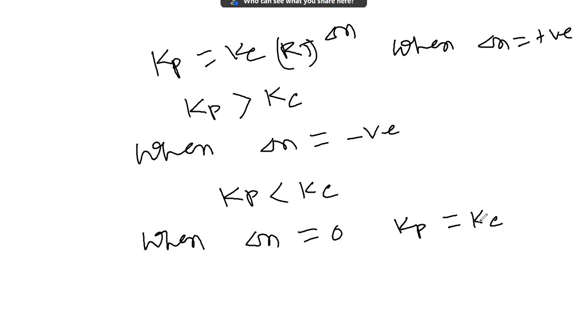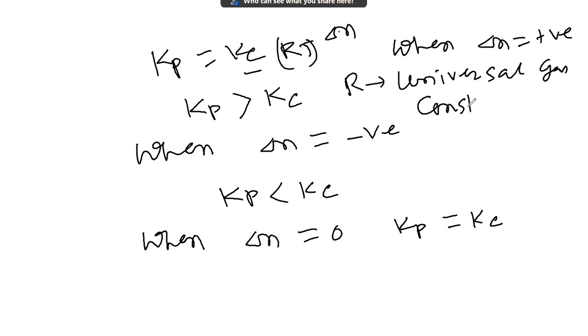This is important from a competitive point of view, because if del n is positive, Kc multiplied with something gives you Kp. Hence, Kp should be greater than Kc. R is the universal gas constant. T stands for temperature in Kelvin.